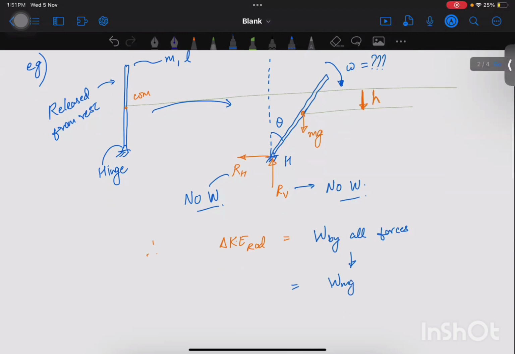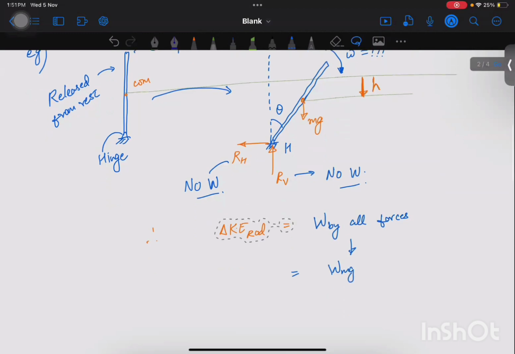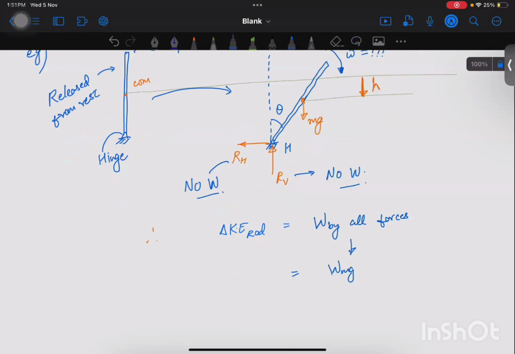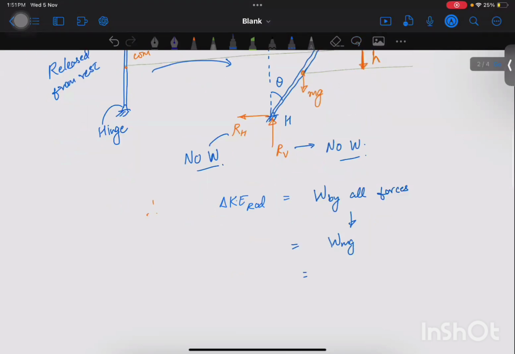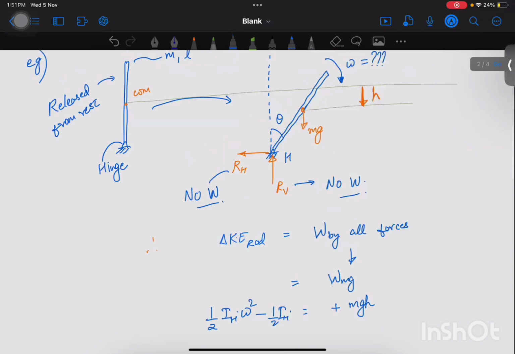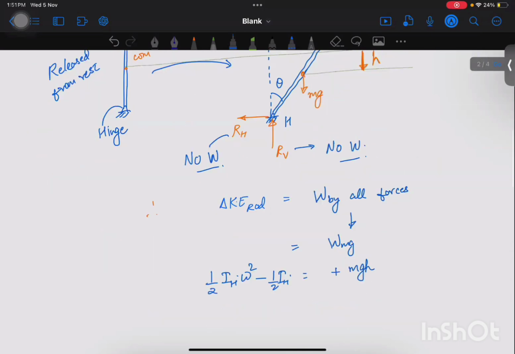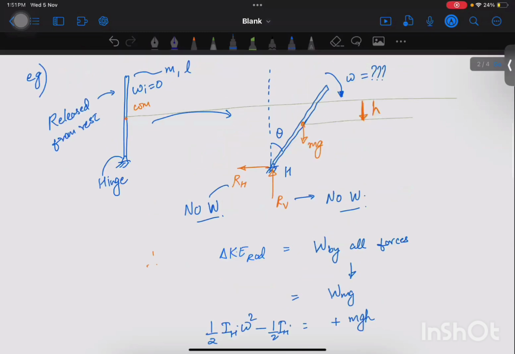So what can we write over here? We notice that the work done by mg is plus mg multiplied by h, and the change in kinetic energy is half I about the hinge into omega square minus half I about the hinge into initial omega square. What is the initial value of omega of this object? Was it at rest? Therefore, the initial omega is equal to 0. And the final omega is this omega itself.